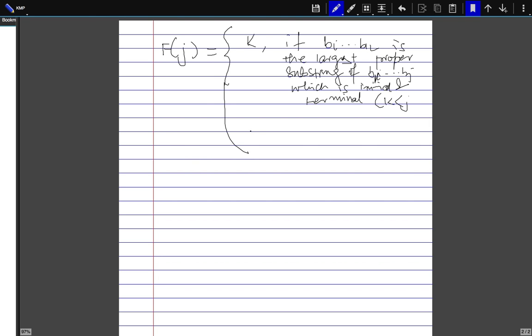Suppose we do not find one, then it's a 0.